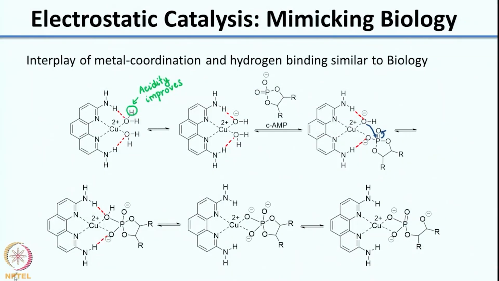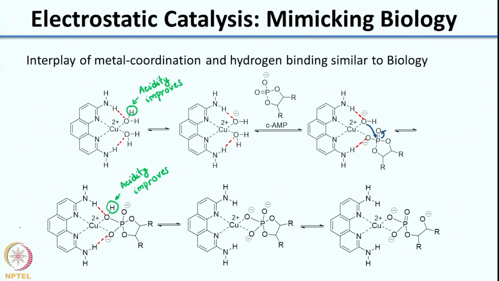And what you see is, once you have this intermediate, again the pKa of this hydrogen here, its acidity improves because of complexation to the metal. So you can have it easily deprotonated to give you this deprotonated intermediate.